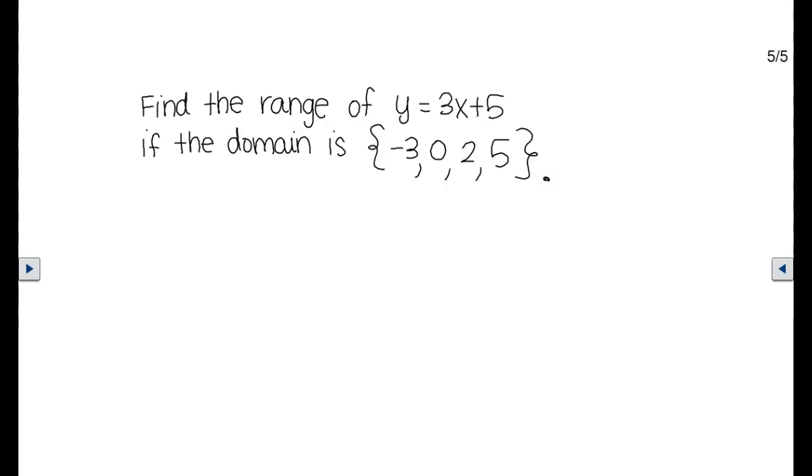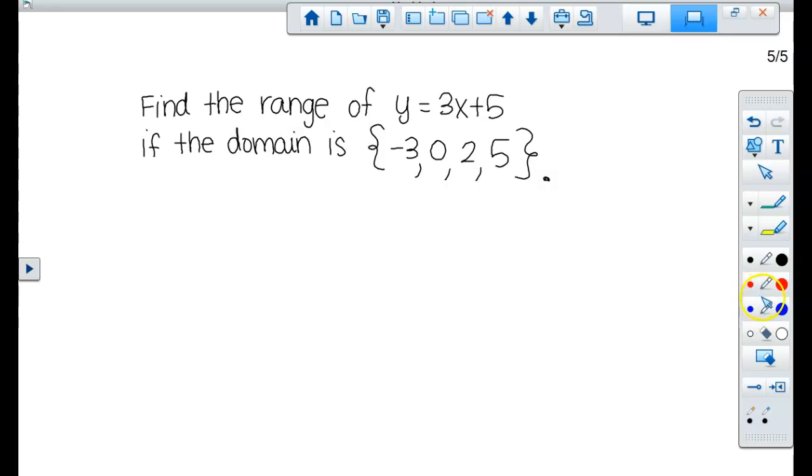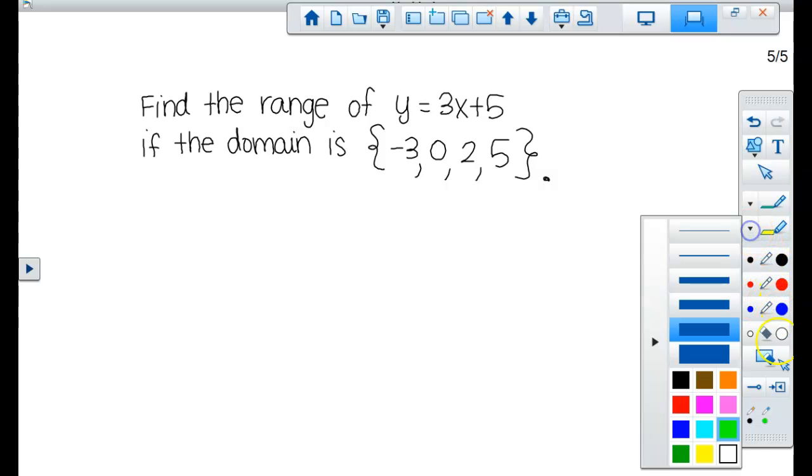Now, when you look at that at first, you may think, what? What is that asking me to do? But what I'm going to show you is that this is really just about knowing your vocabulary, okay?